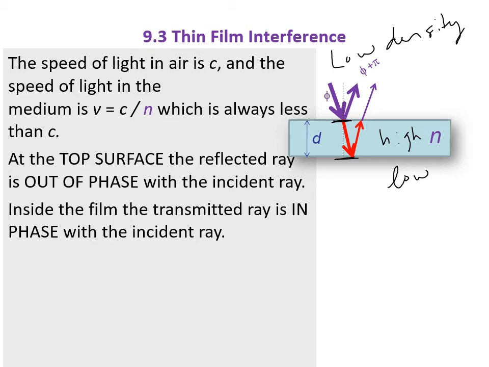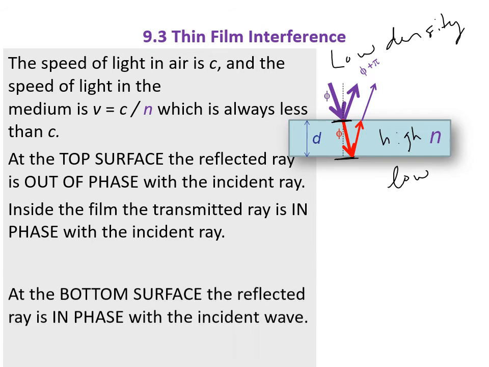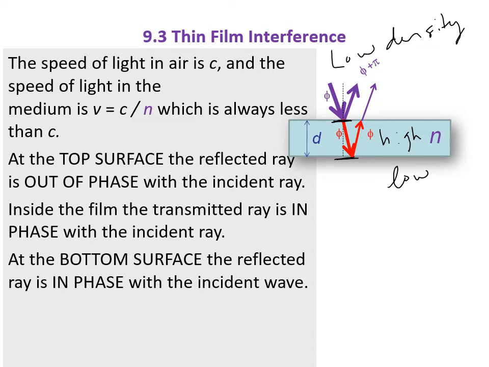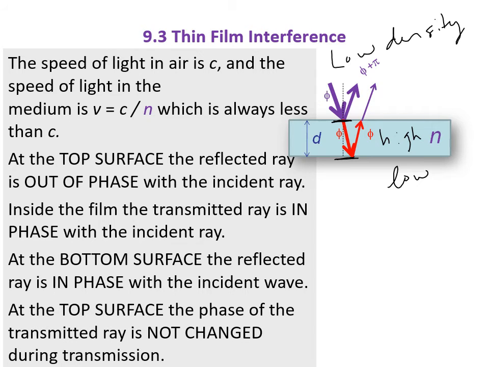So the original phase is phi for the incoming ray, and the reflected ray at the top boundary is phase shifted by pi. It's been inverted. The lower ray, the refracted ray, has the same phase. It reflects at the boundary, keeps its phase, and is transmitted through the top surface, still with the same phase as the original.